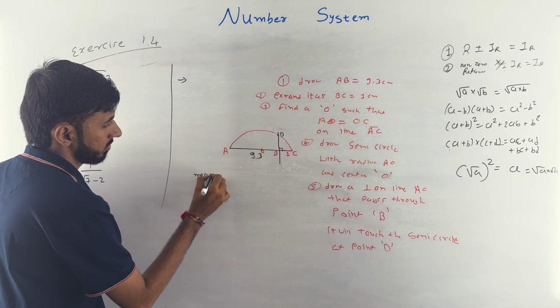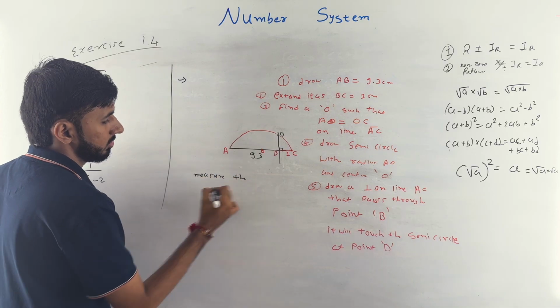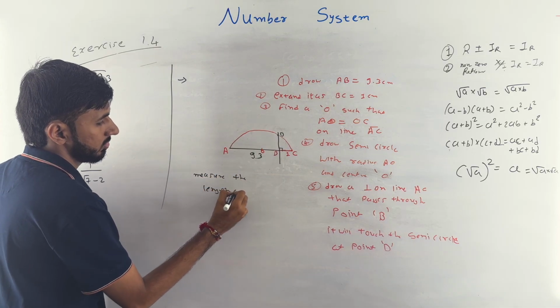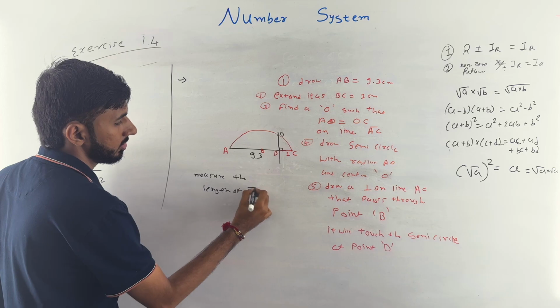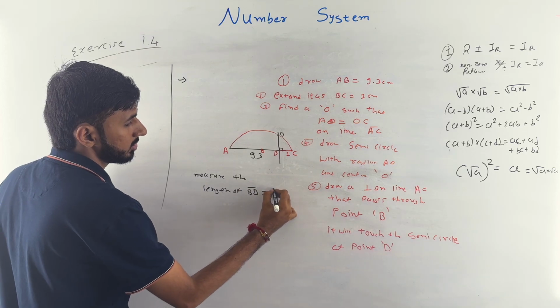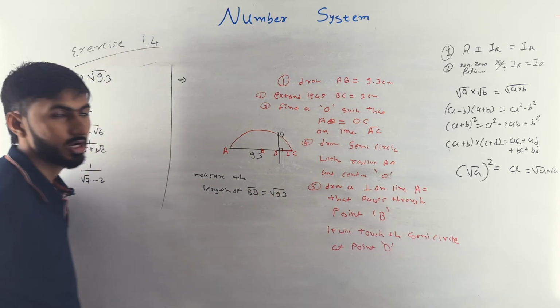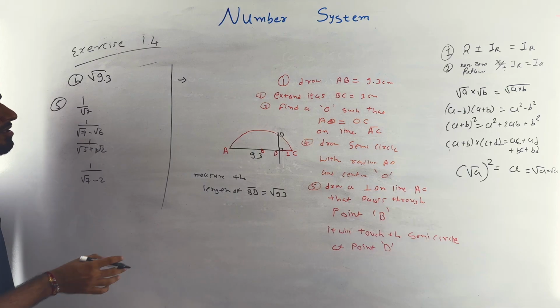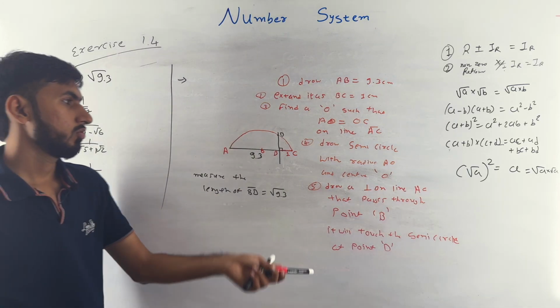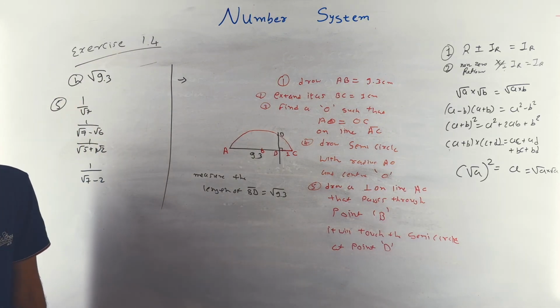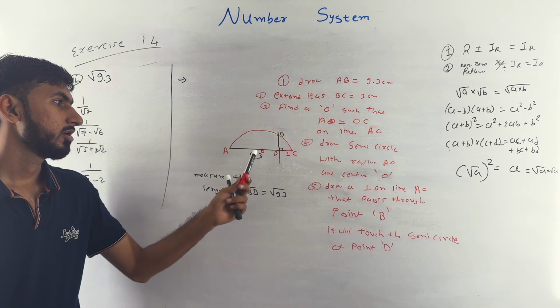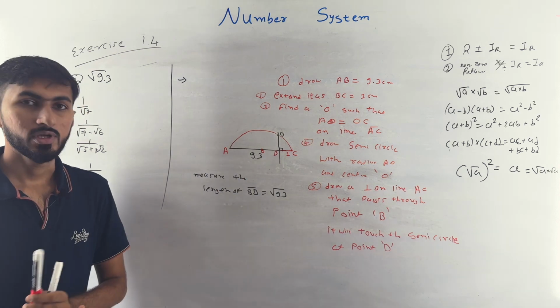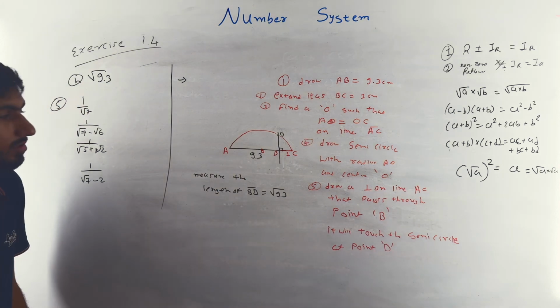So measure the length of BD, that is exactly square root of 9.3. We don't have to mention the concept behind it. We all know that here we have used the Pythagoras theorem to find this value.